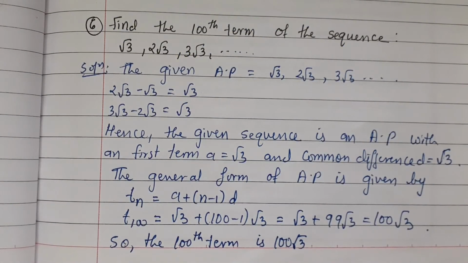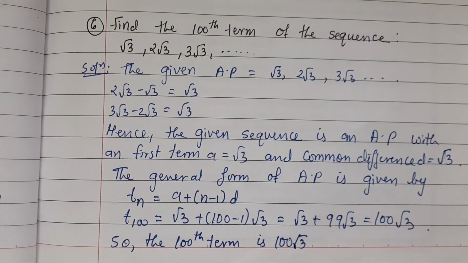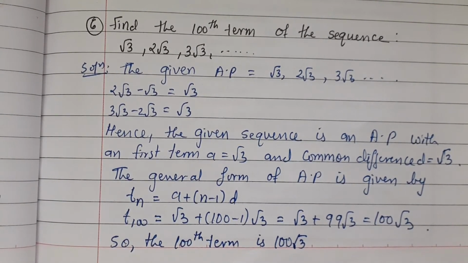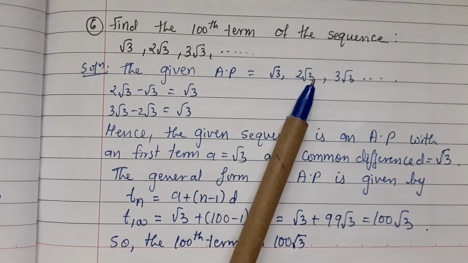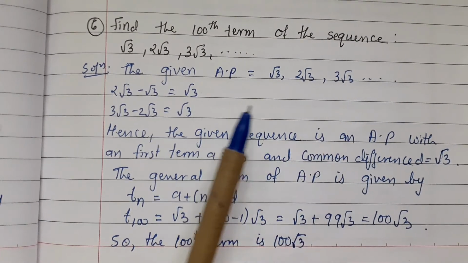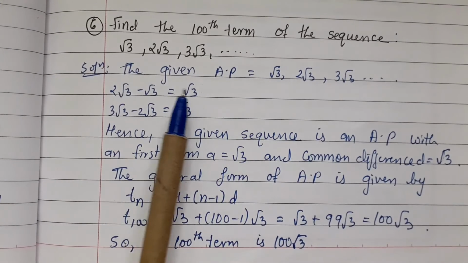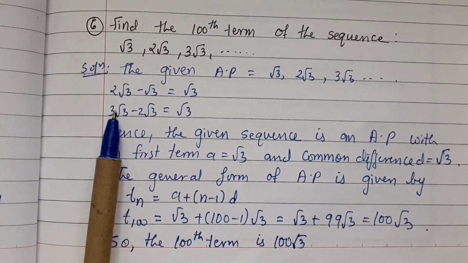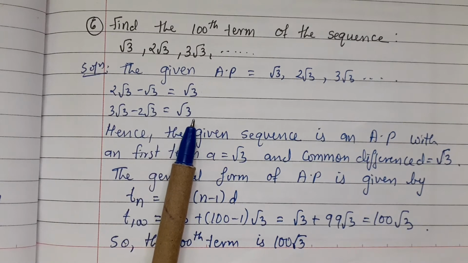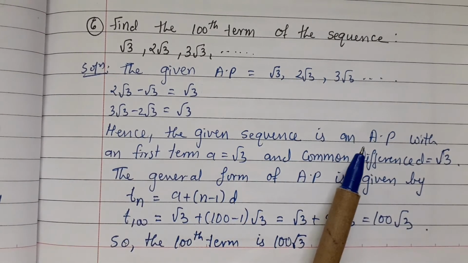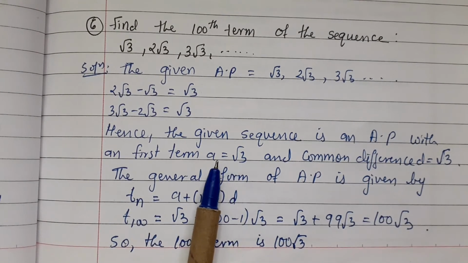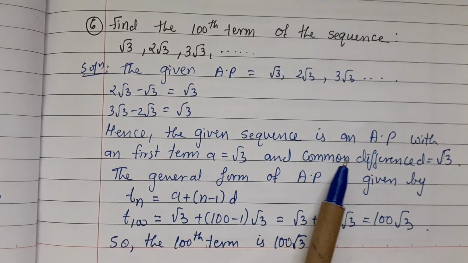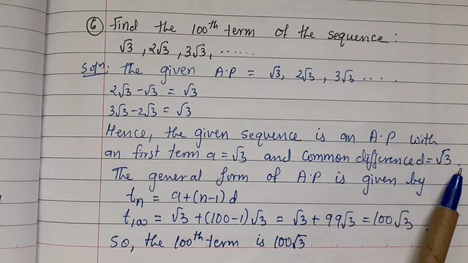Sum number 6. Find the 100th term of the sequence root 3, 2 root 3, 3 root 3 and so on. The given AP is root 3, 2 root 3, 3 root 3. 2 root 3 minus root 3 is root 3. 3 root 3 minus 2 root 3 equal to root 3. Hence, the given sequence is an AP with first term A equal to root 3, common difference D equal to root 3.